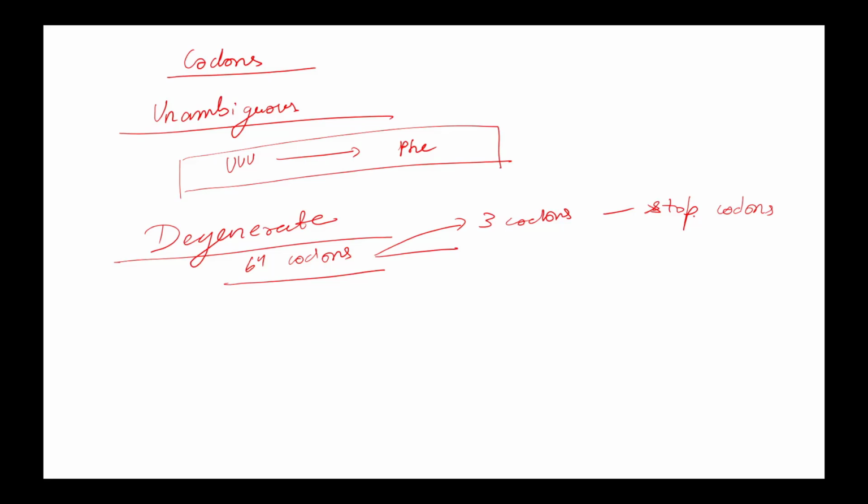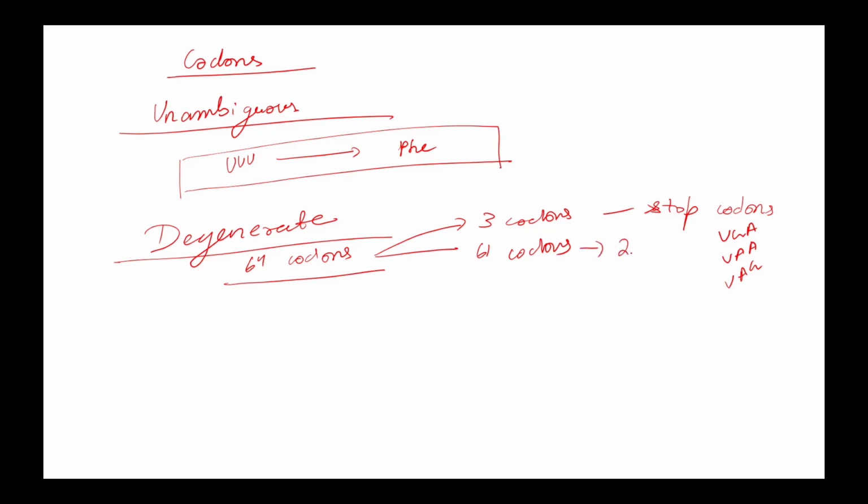They will not code for any amino acid. Other 61 codons code for the naturally present 20 standard amino acids.